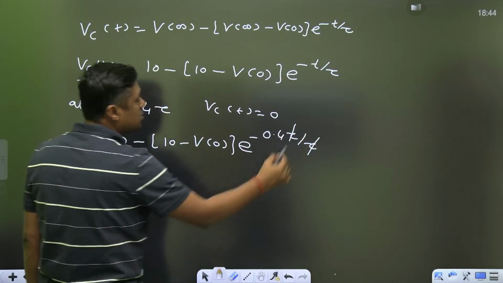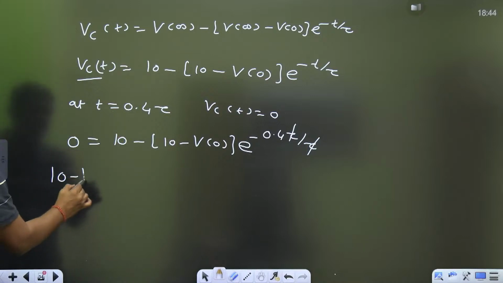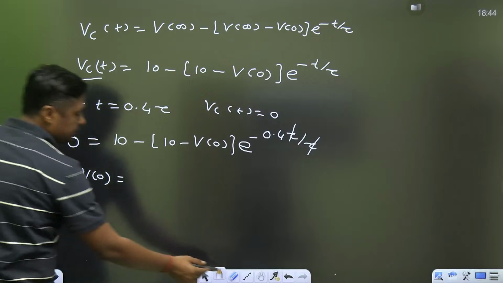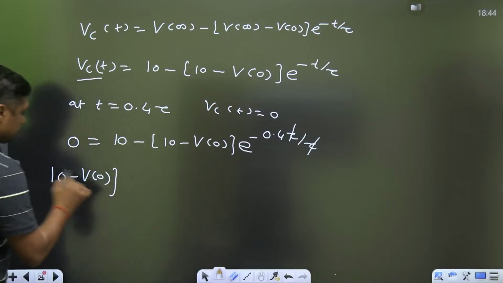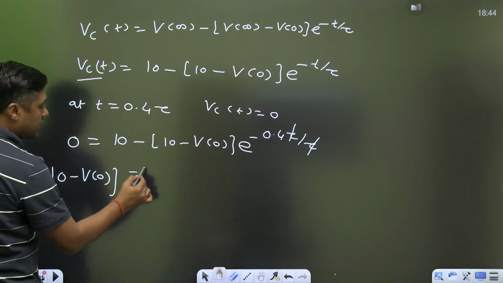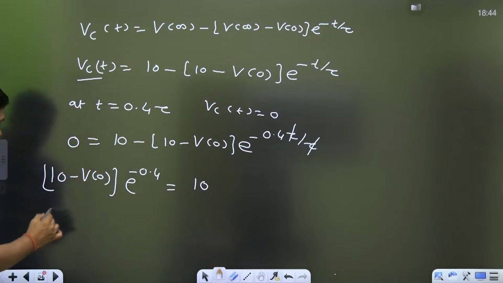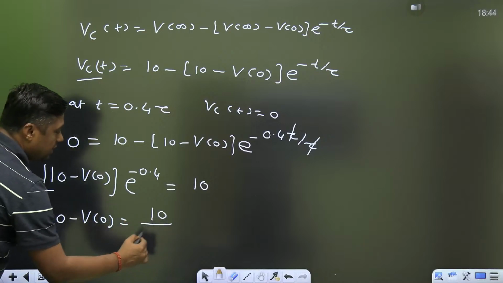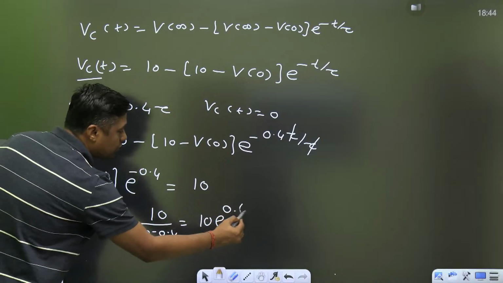The tau cancels out. Now 10 minus V0 is equal to 10 divided by e raised to power minus 0.4, which means 10 into e raised to power 0.4.